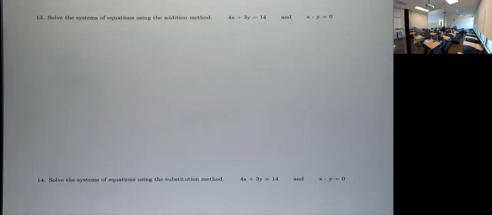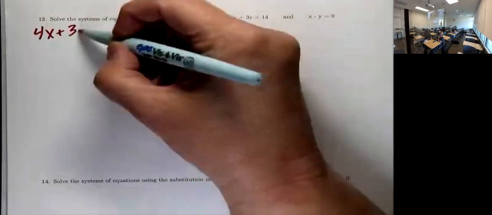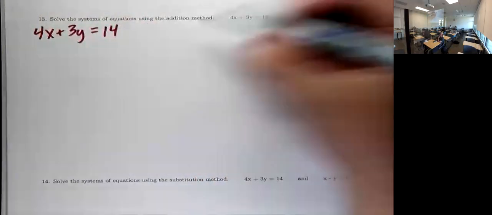Okay, so I got two questions that both say solve the same sets of equations. They ask you to do it two different ways, using the addition method and the substitution method. So the first one is doing the addition method. I will rewrite the questions larger for our vision impaired audience.